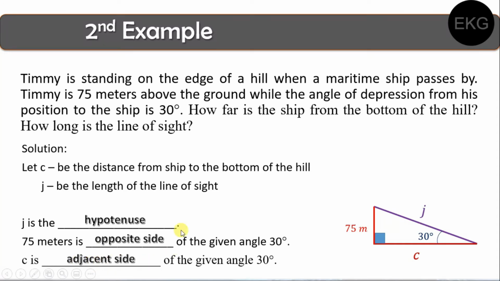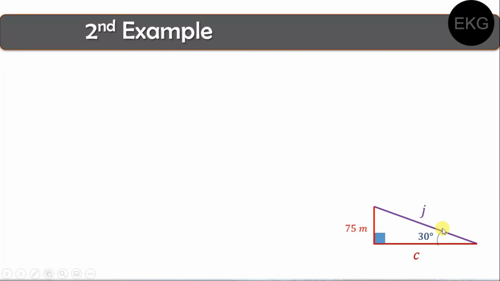And having determined this one, we are now ready to solve this problem. So una, kailangan piliin natin na trigonometric function yung involve yung dalawang values, yung 75 meters at yung 30 degrees. So yung pinili natin for this solution is tangent 30 degrees. Tangent is opposite over adjacent.